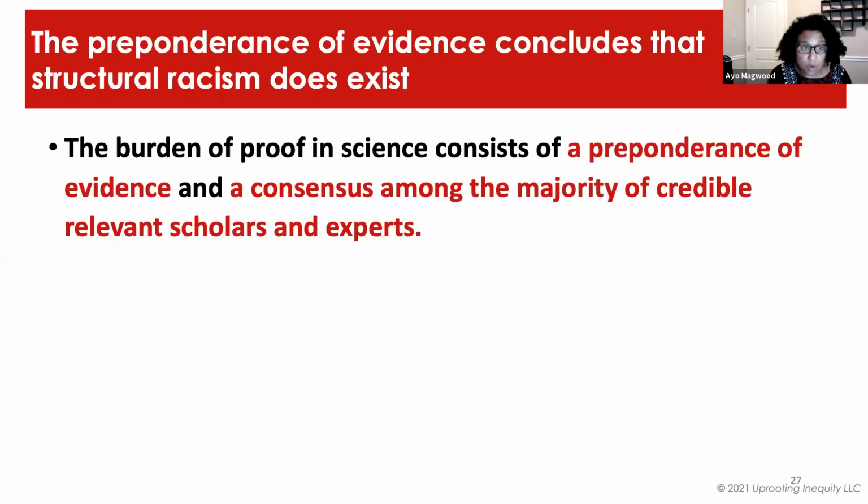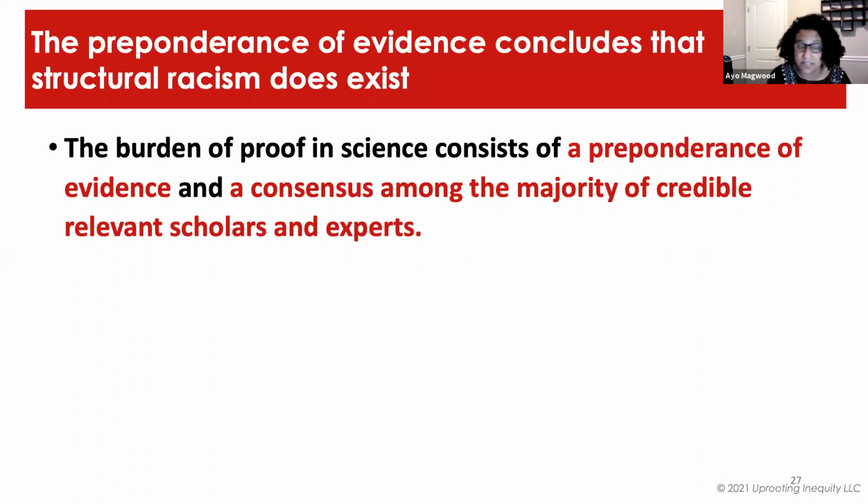So notice, at least in high school, there's going to be some kids in the classroom that pull up a dozen studies that show otherwise, that structural racism doesn't exist. So I want to point out that the burden of proof in science consists of a preponderance of evidence and a consensus among the majority of credible, relevant scholars and experts. It doesn't have to be universal.